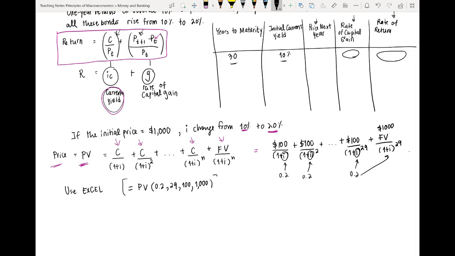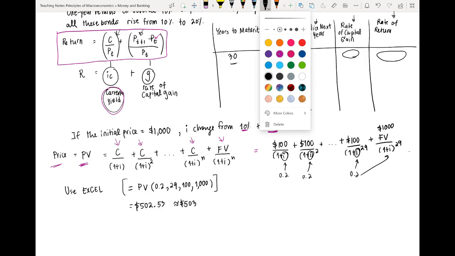Use this formula, and then you will get 502.53. If you look at page 78, you will see this table. But they didn't really tell the detail how they get it. I am telling you the detail. So I'm gonna put $503, which is here.